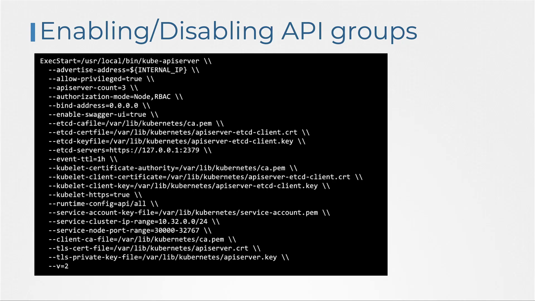So if you'd like to try those out, you could add them to the runtime-config parameter. The APIs are comma separated, and you specify the APIs that you would like to enable. And of course, once you do that, you must remember to always restart the API server service, and that goes for whenever you edit these options. And once done, you should be able to use that API and test it out.